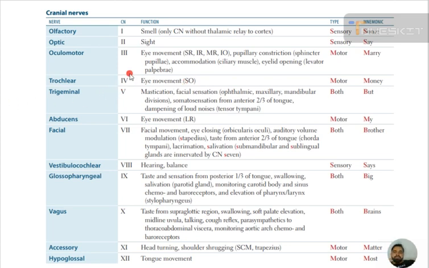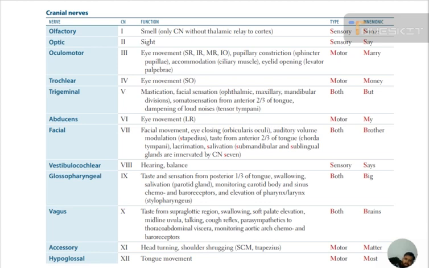Trigeminal nerve. There are three main branches of the trigeminal nerve.